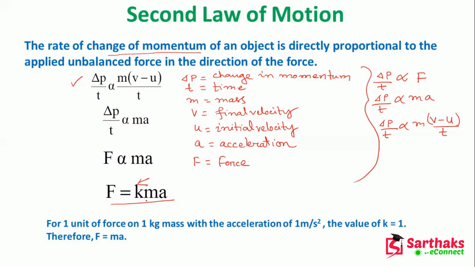So this is the definition of K. I am applying 1 unit of force to how much mass? 1 kg of mass. How much acceleration? 1 meter per second square. So at that time, this constant will be your force divided by M.